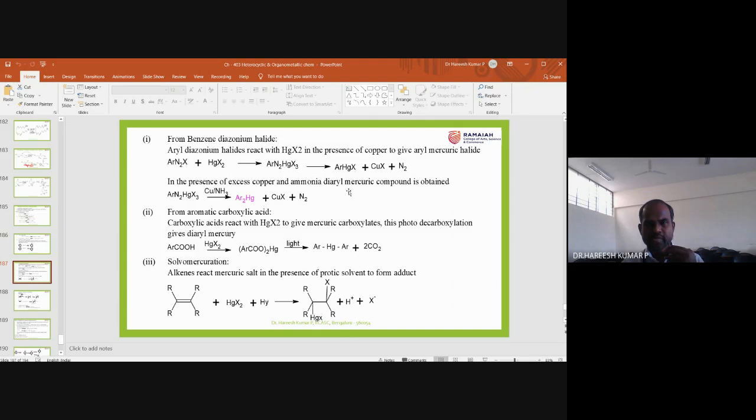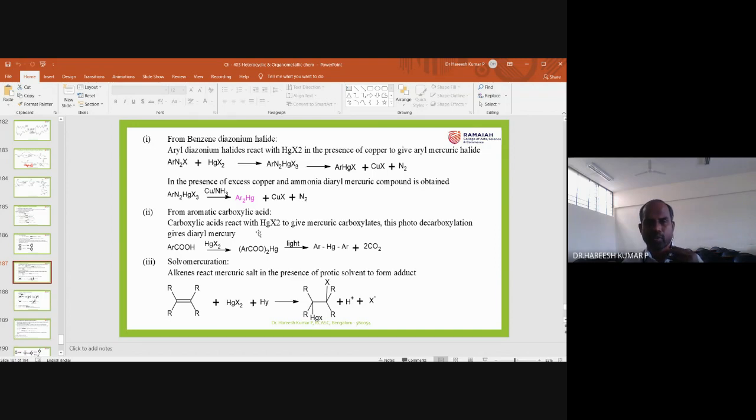Then this aryl mercuric halide, when treated with copper in the presence of ammonia, leads to the formation of diaryl mercury.